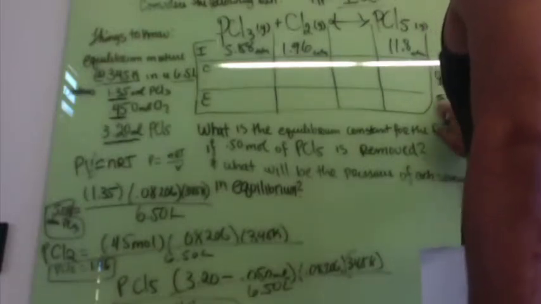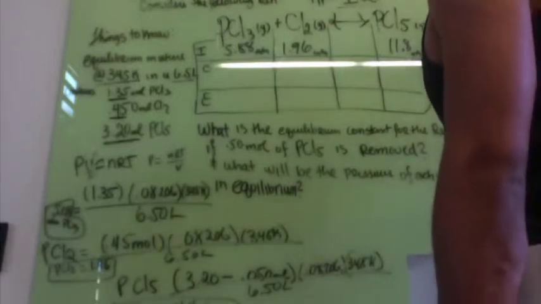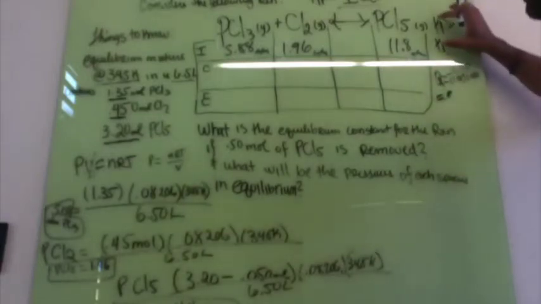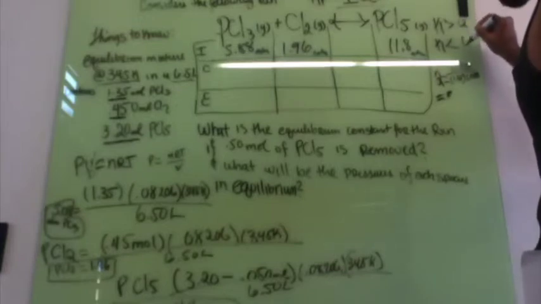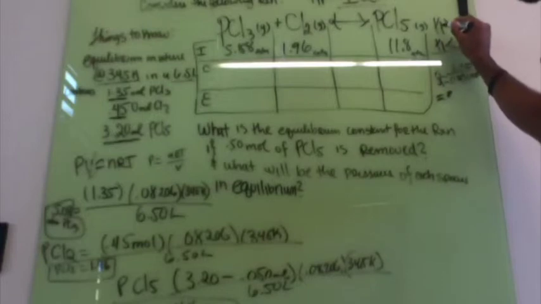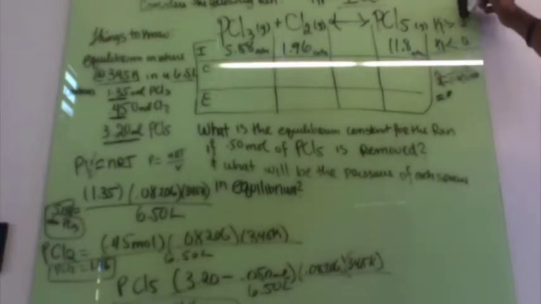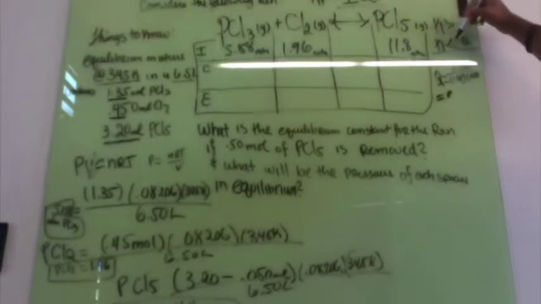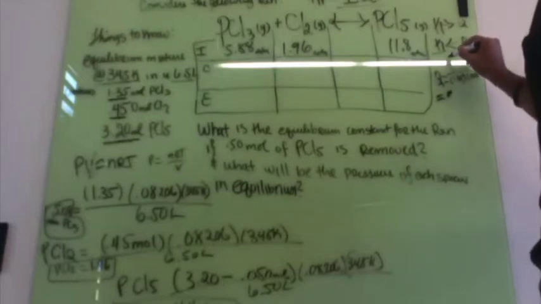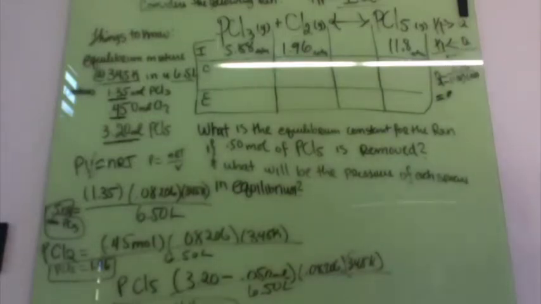And also what I like to set up in these problems is a table, and for the K, I put 2 K's, one greater than, one less than, put Q in, and I put a line through here. So the K greater than Q will be the forward reaction, and the K less than Q will be the reverse reaction.